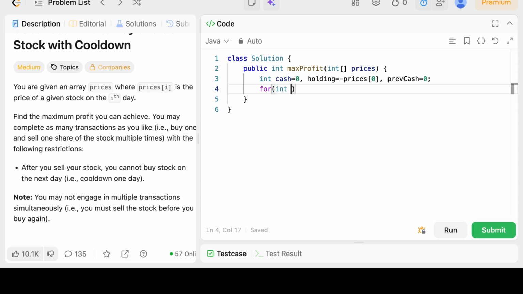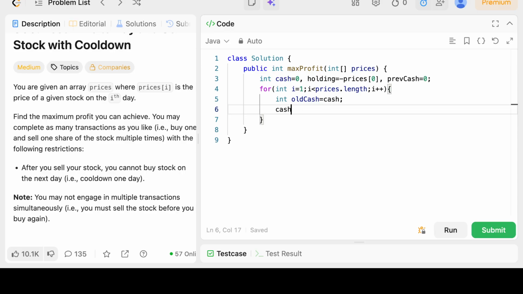Start from day 1 and go till the last one: for i = 1; i < prices.length; i++. First I need to hold the cash, so old cash is equal to cash. Then I have to update. I am applying the same formula at the end of any day.